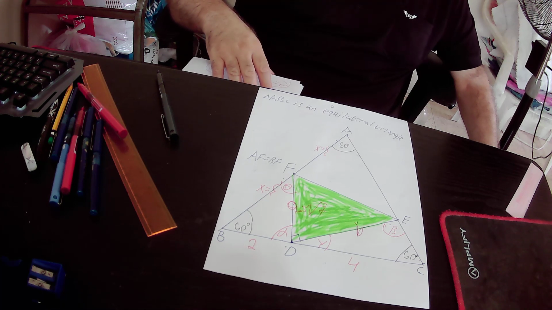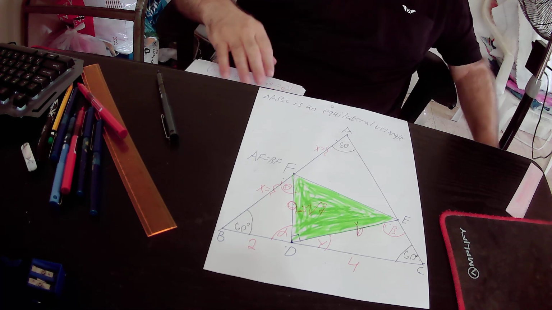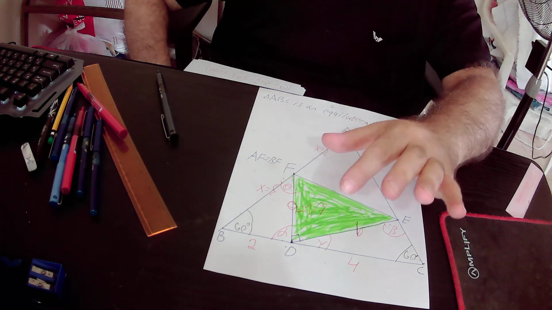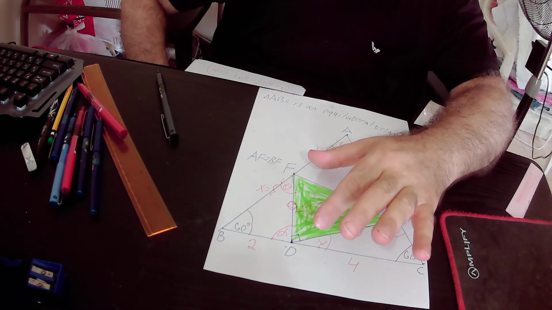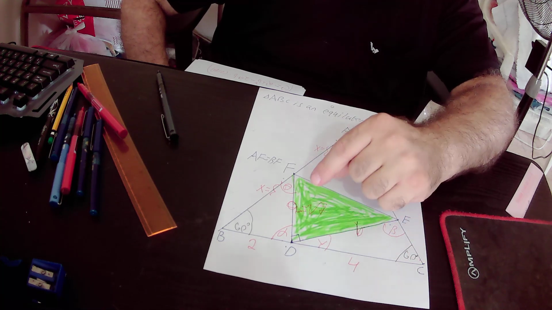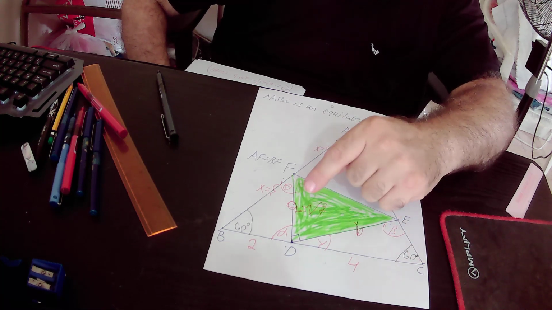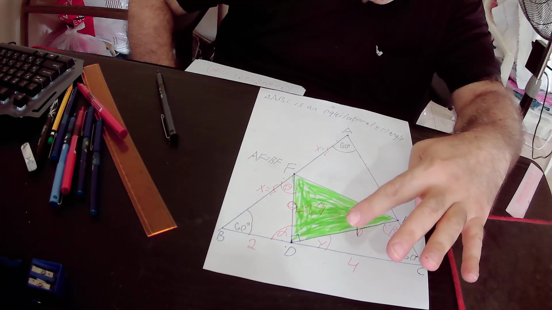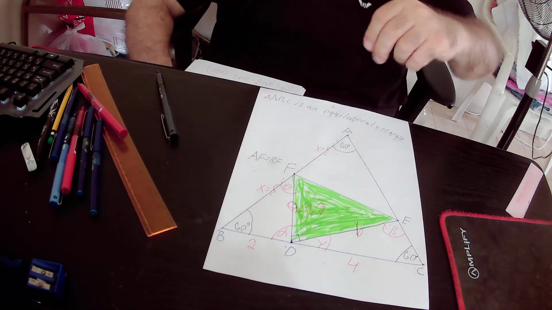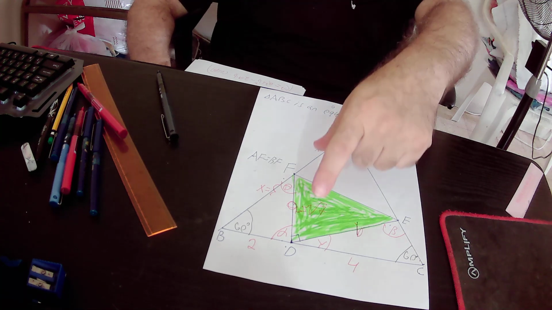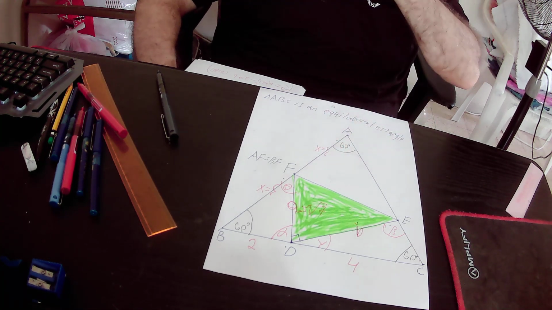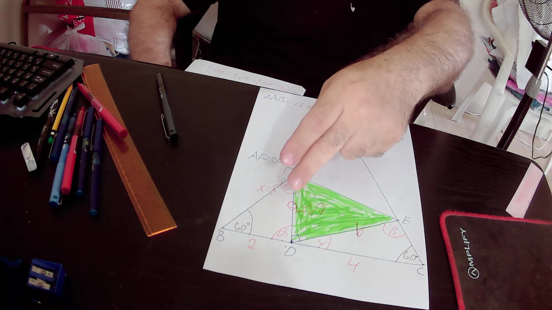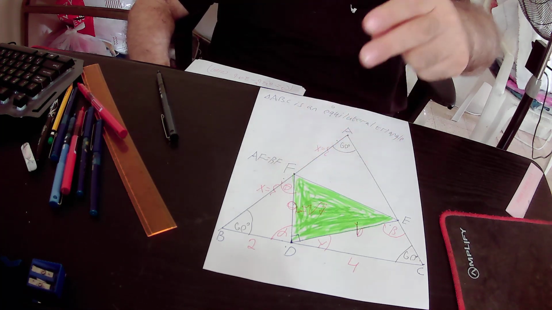In the next step we defined FD as A, that is to say FD equals A, and we defined ED as B, that is to say ED equals B. We found the value of FD by implementing the law of cosines in triangle FDB.